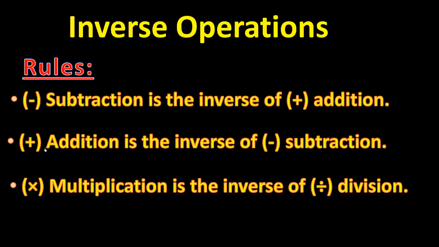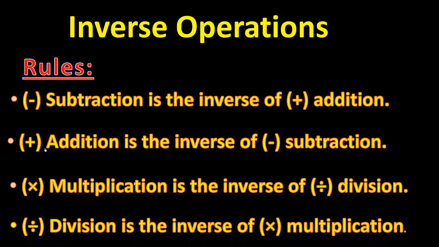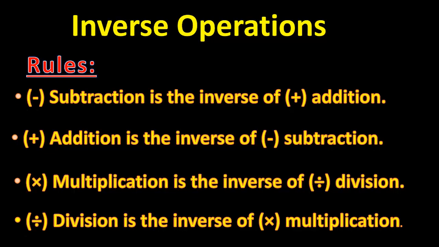Multiplication is the inverse operation of division, and division is the inverse of multiplication. So from this we see that there are two types of pairs of inverse operations. The first one is subtraction and addition, and the second one is multiplication and division.